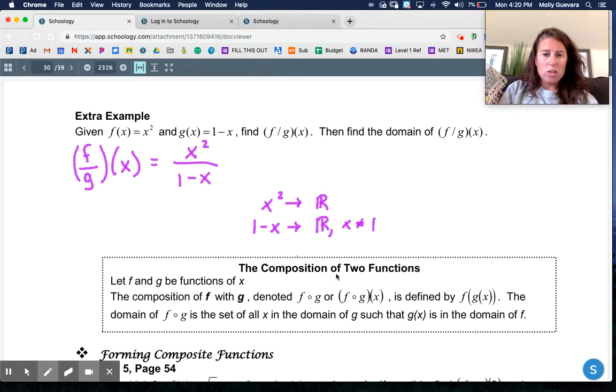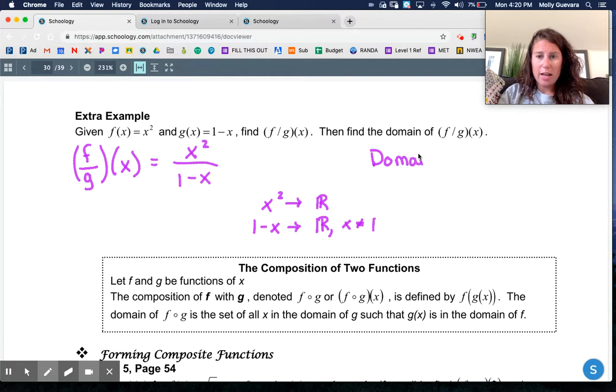Okay, so then I need to combine these two, right? I need to figure out what works for both. Okay, so in this case, it's not as tricky as the one up above. Okay, x is in the set of all real numbers, but because all real numbers works for both the top and the bottom, but x cannot equal 1.